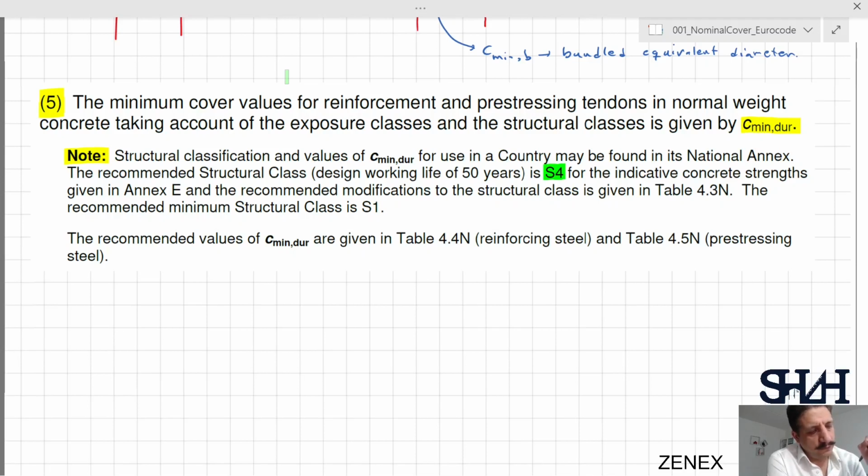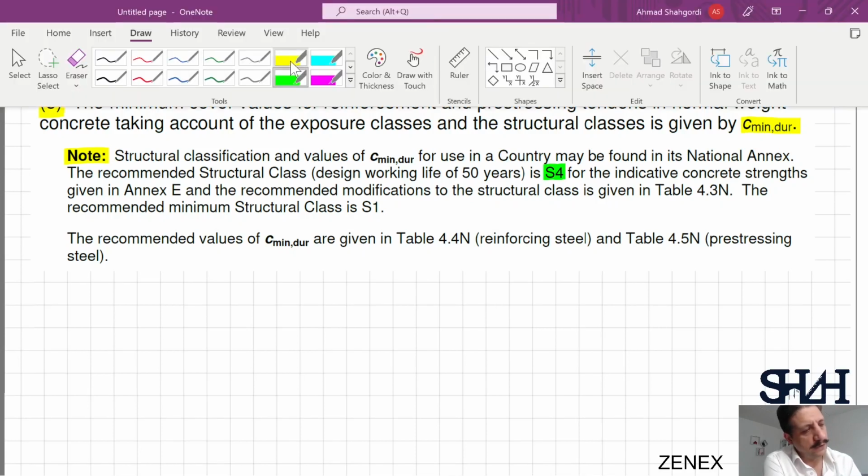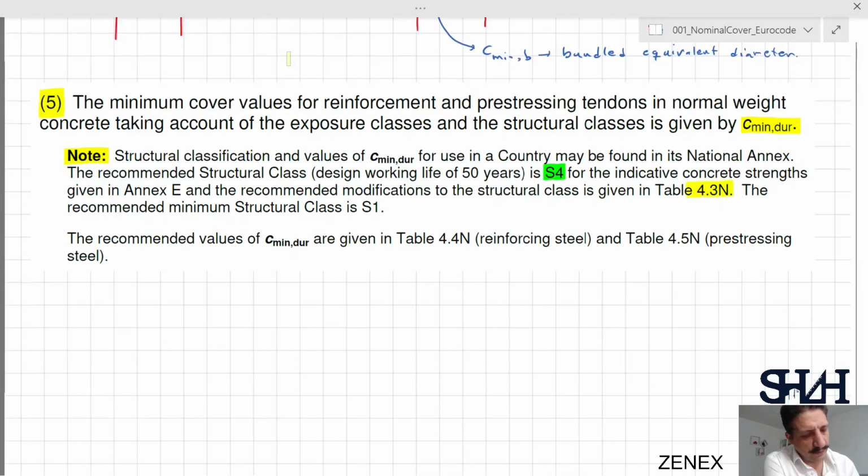And then we need to find out the recommended values of C minimum durability in Table 4.4N for reinforcing steel and Table 4.5N for pre-stressing steel. This is not related to pre-stressing. As a result, I will just go through Table 4.4N. So first, we need to check Table 4.3N and then Table 4.4N.